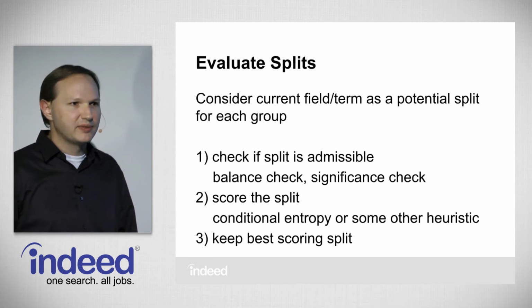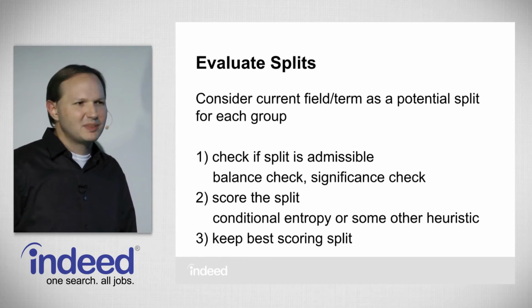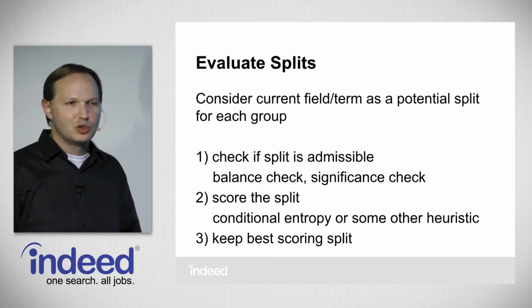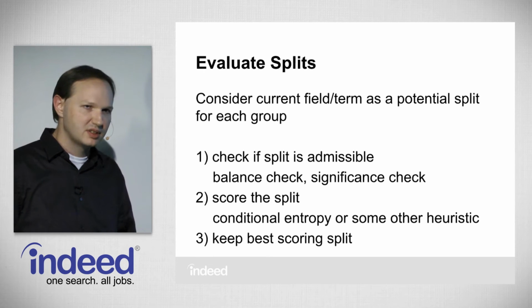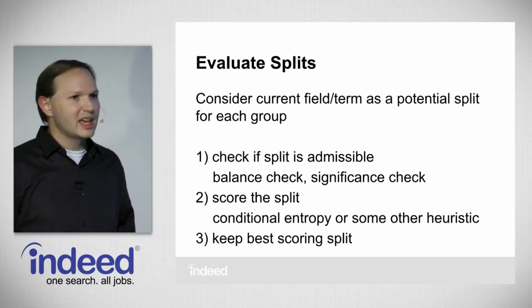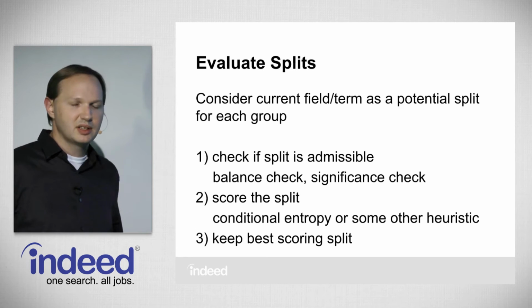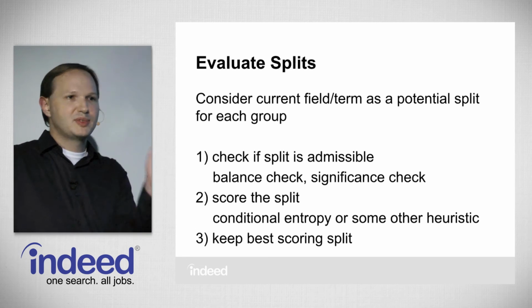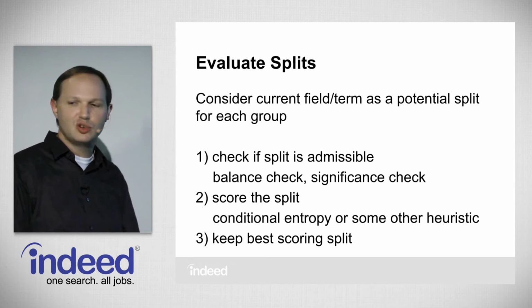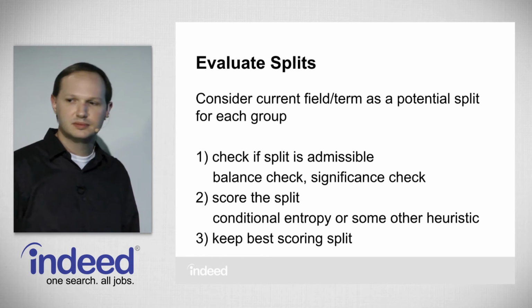So first we're going to check if the split is admissible. That's basically, does the split make sense? Do we really want to use this for predictive purposes? There's also some engineering concerns here. It may be that the split is very significant, very useful, but it's a very tiny percentage of your data, and you might end up building these very weird, lopsided trees. So you might do a balance check, maybe you would only do it if it's more than 1% of your data.